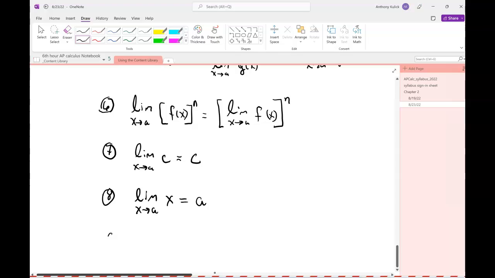And then my 9th one here is similar to 6. So if 6 works for exponents, it should certainly also work for radicals.